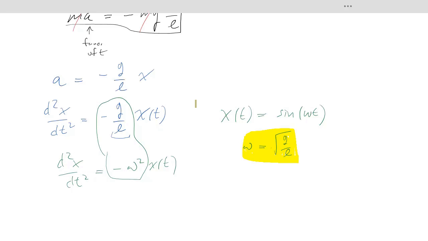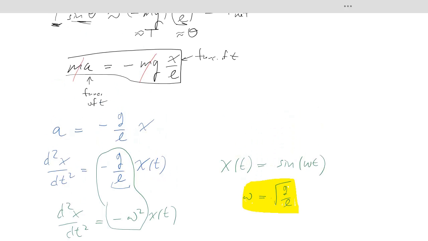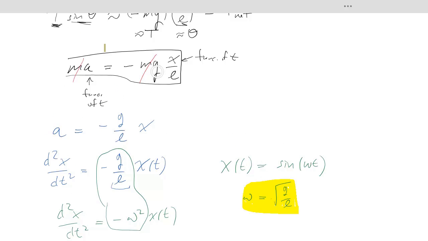The whole thing oscillates slower. A stronger g means a higher frequency. And we can't really change g, so we can always change the length of a pendulum. So shorter pendula will oscillate faster. Longer pendula will oscillate slower. The only thing that matters is the length. The mass doesn't matter, because it canceled out over here.